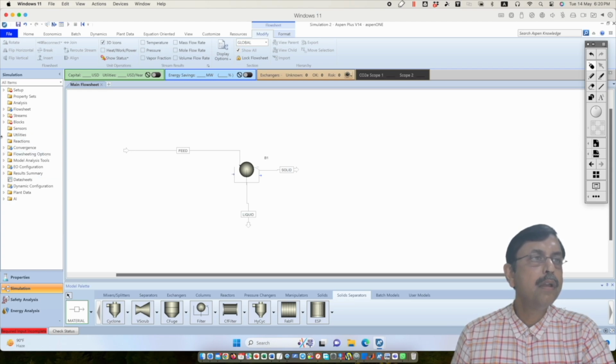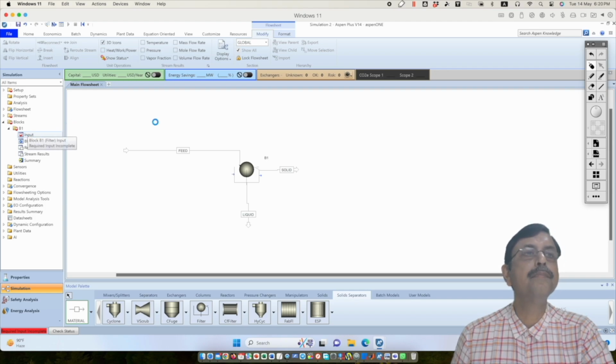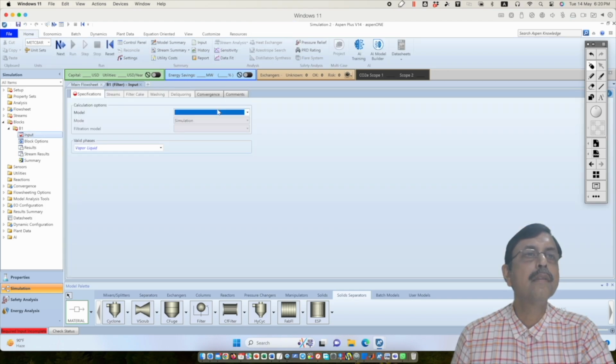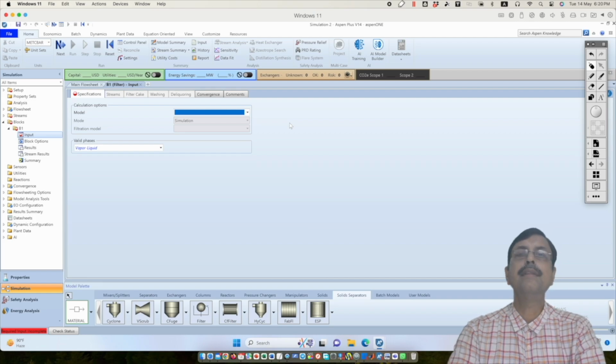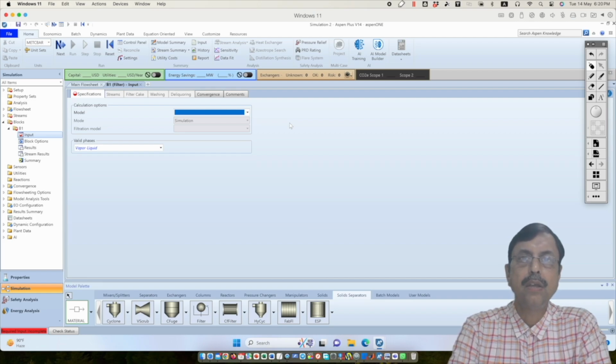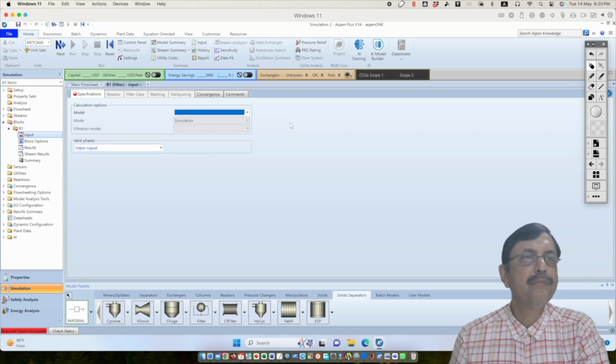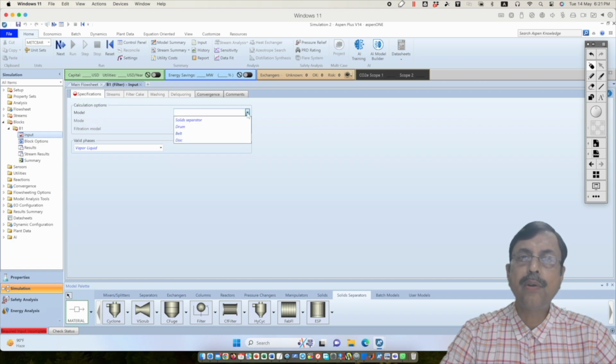Now, if you go to the block and see the input, these are the specifications we have to provide while working with a filtration device. First of all, we have to fix the model. There are 4 types of models available with which we can work with a filtration device.